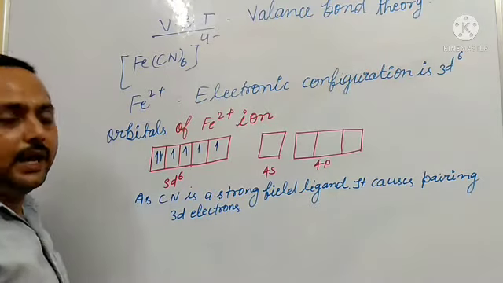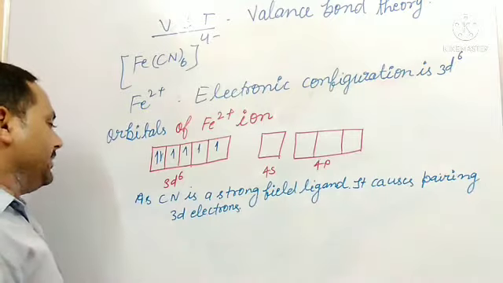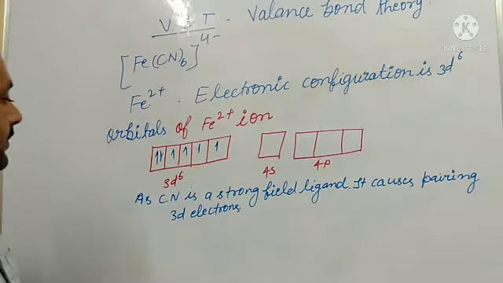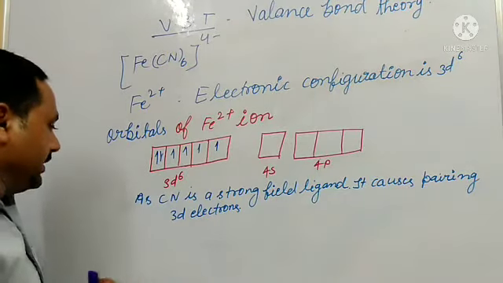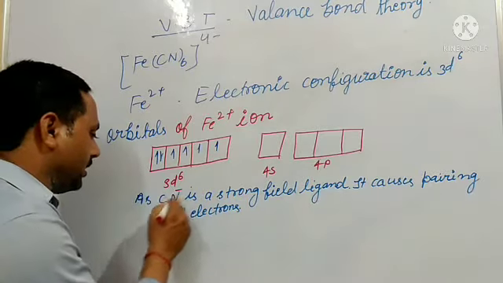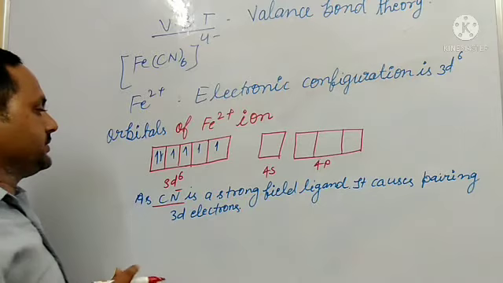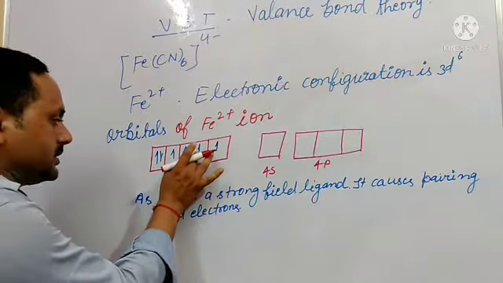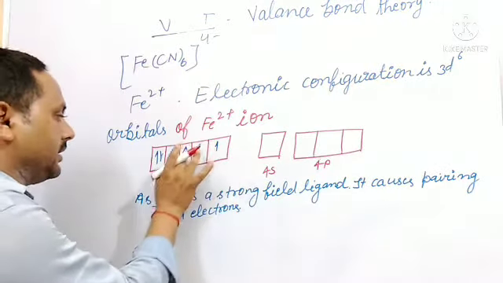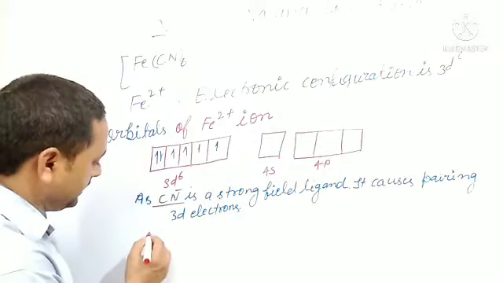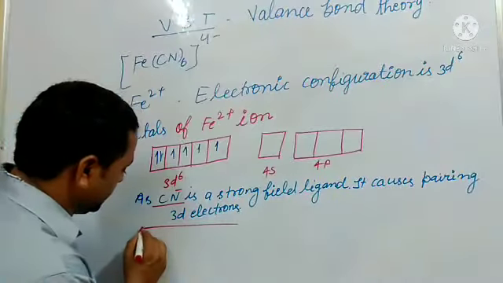CN is a strong field ligand, so it causes pairing. It means this electron will go here and that will come here. So in that, we can write it like this.